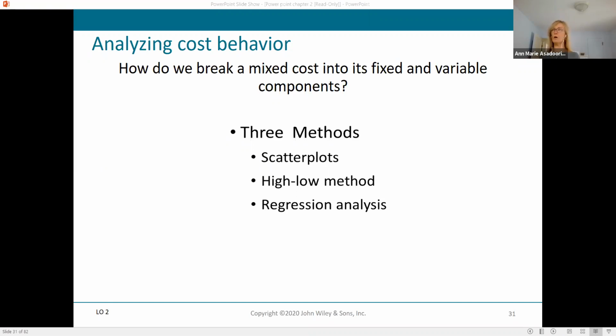And then we looked at how to predict what a variable cost would look like in the future. Once you know that variable cost per unit, that constant, then you just multiply it by whatever volume I gave you. Remember, I gave you 50,000 units or 60,000 units when we were predicting that material cost. Once you knew that variable cost per unit, then it was easy to predict what that future variable cost was going to look like.